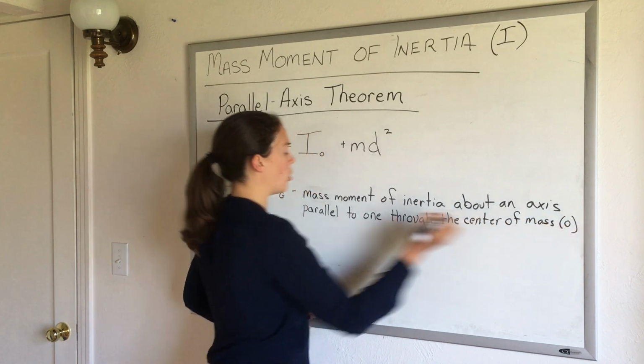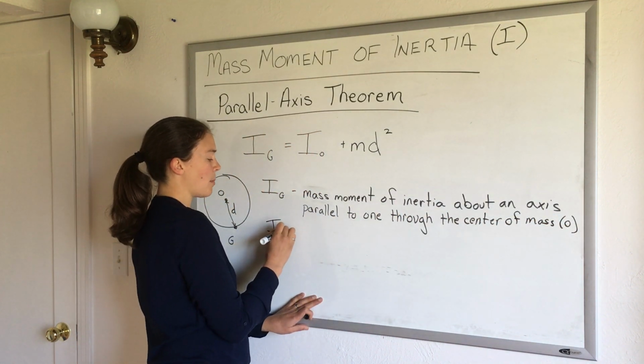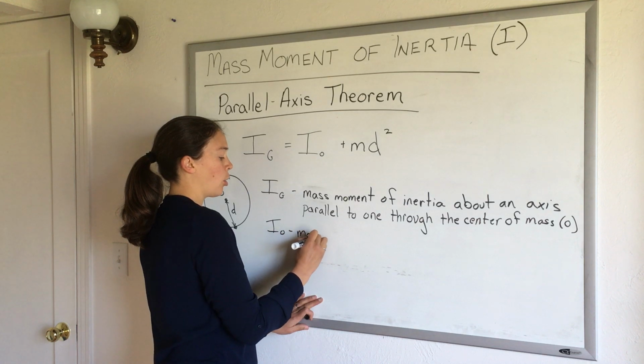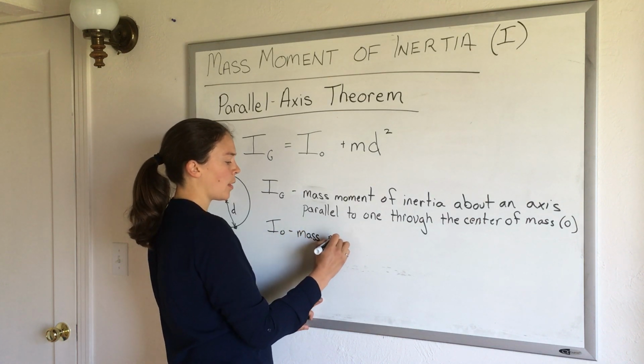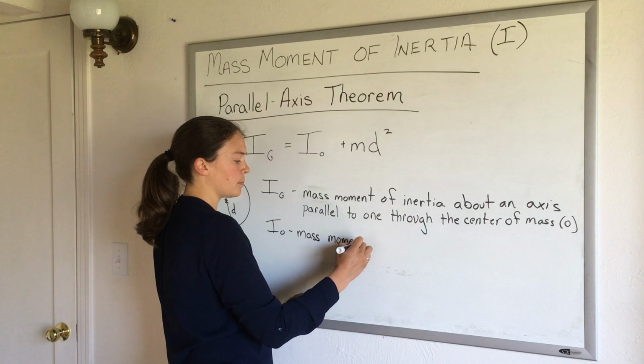And that has to be the O. So the I sub O is a mass moment of inertia through the center of mass. And that's really important.